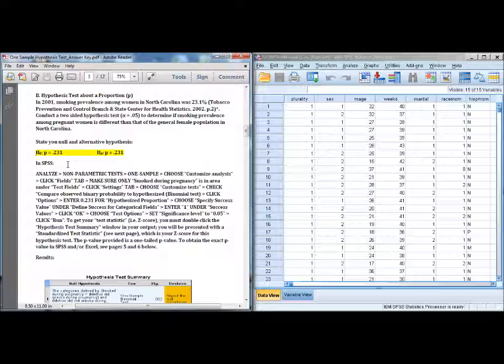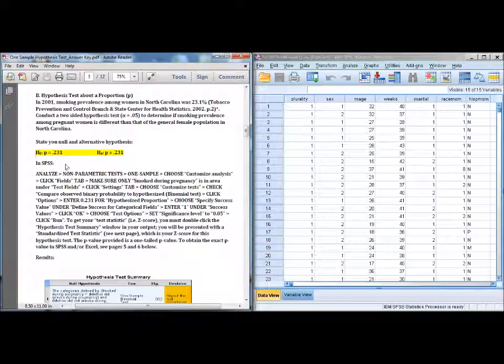Now again, because this is a two-sided test, we're going to get a z-score, and we would like to know in either direction. So if you picture a normal distribution, we're not asking whether a one-sided test would just be a one-tailed p-value.